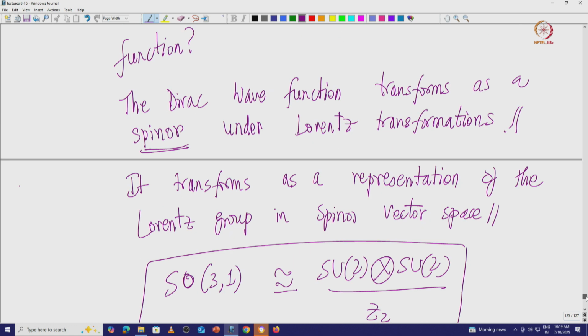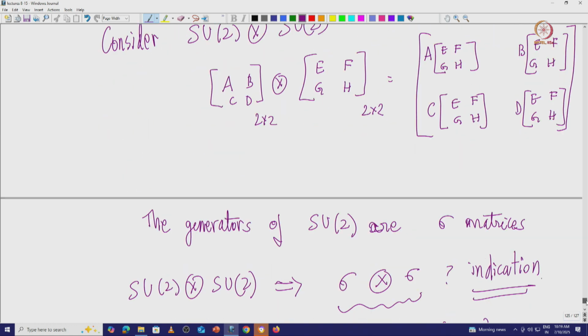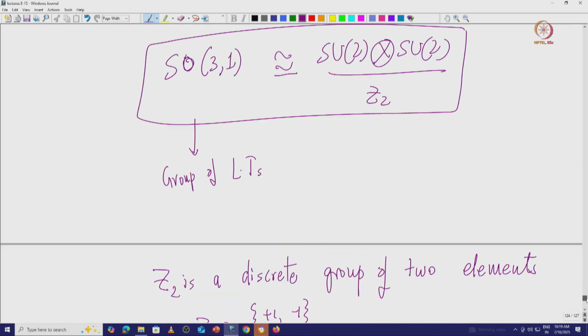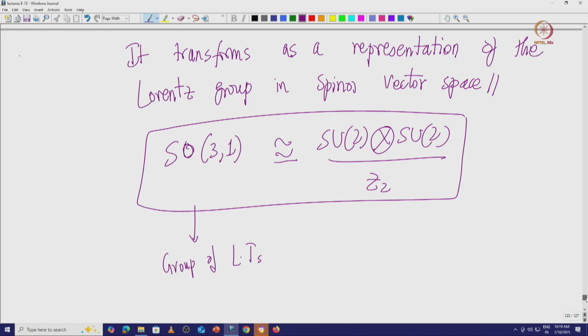So now we came in the roundabout way, by arguing that the generators of the Lorentz transformation are essentially your M mu nu, the generators of boost and rotations.